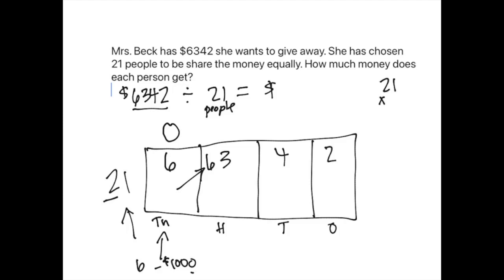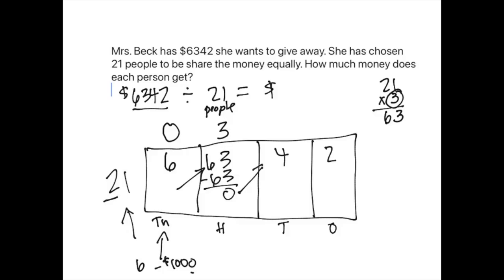So I'm going to try 21 times 3. And I do 21 times 3: 1 times 3 is 3, 3 times 2 is 6, and it's 63. So I'm going to say that each person gets 3 $100 bills. And I'm going to subtract that 63, and I have 0 remaining.